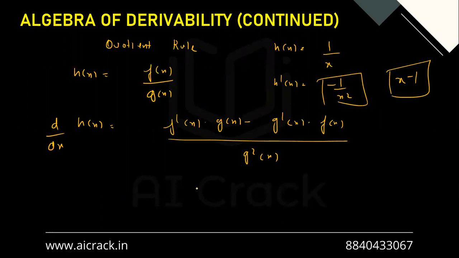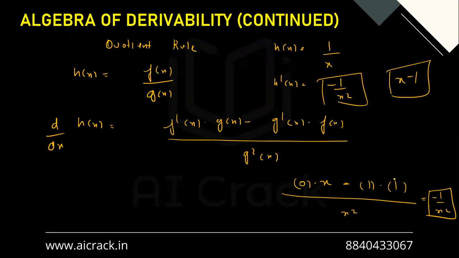Derivative of 1 would be 0 multiplied by x, minus g'(x). g' is 1, 1 multiplied by 1 only. Divide by x². So that comes out to be minus 1/x². So you can verify it with the help of this. If it comes out to be positive, then probably you're doing it wrong.